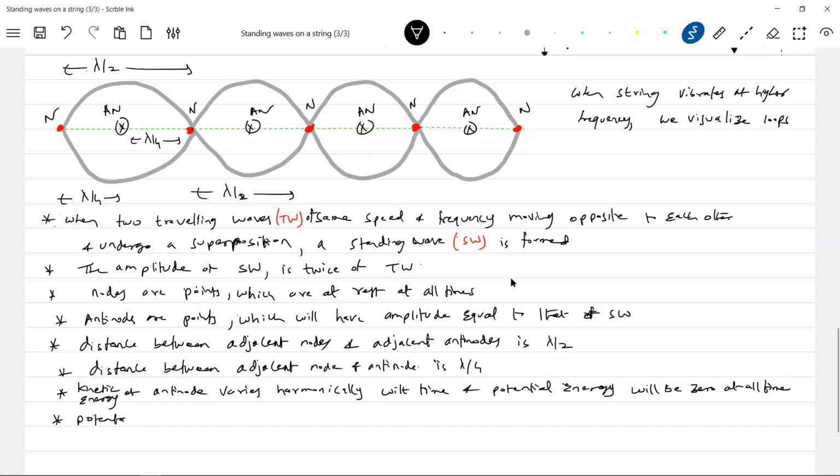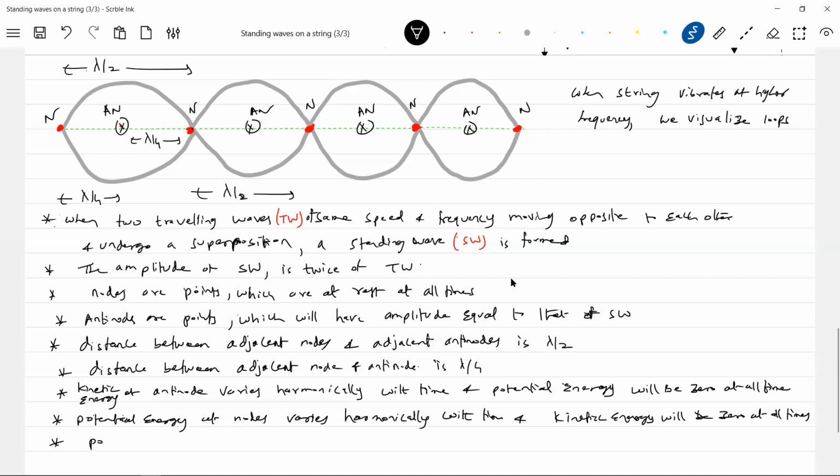Potential energy at antinode varies harmonically with time, and kinetic energy will be zero at all times at the node.